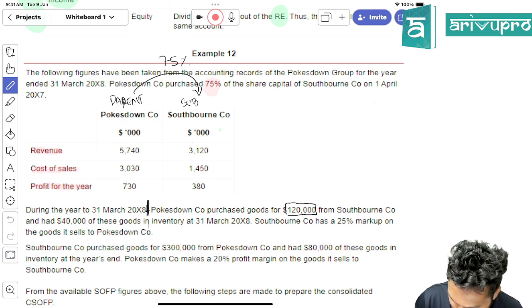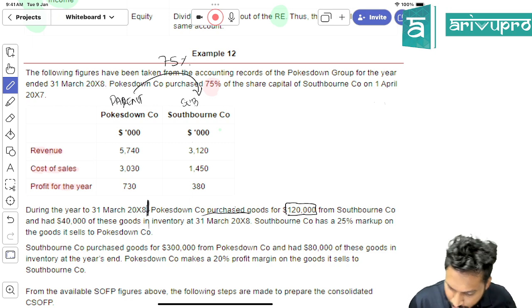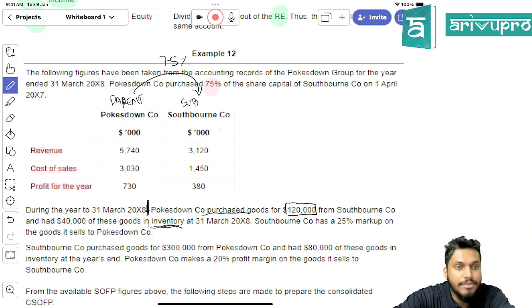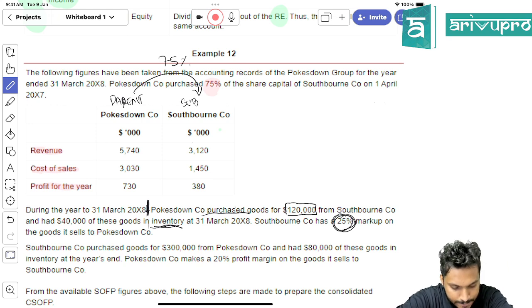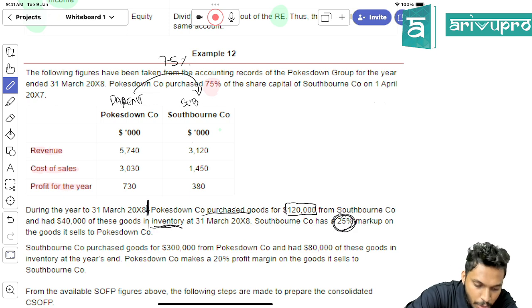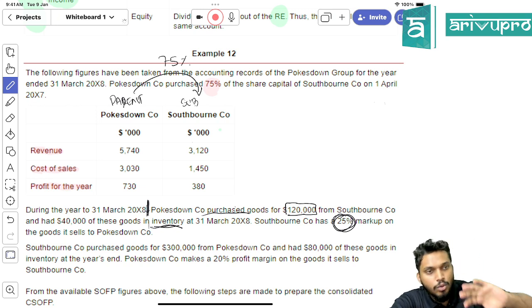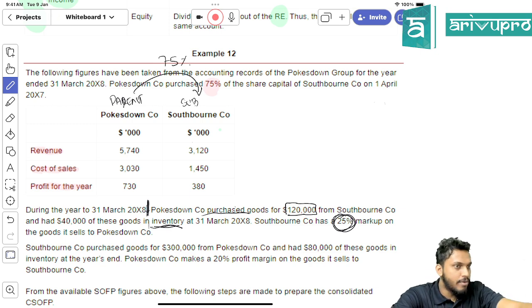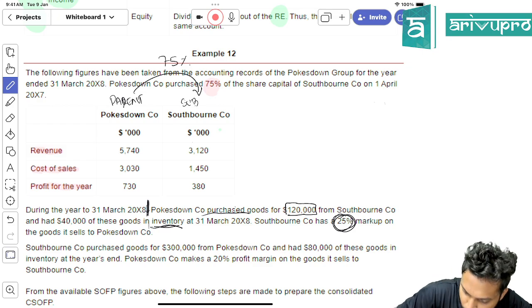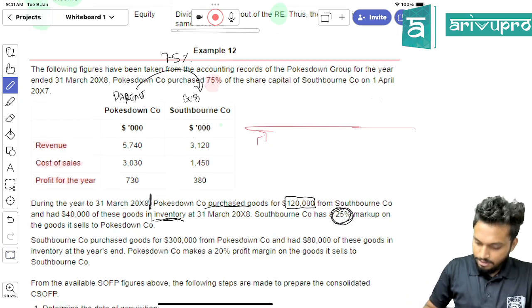So P company has purchased 120,000 worth of goods from S company, and 40,000 of these goods are remaining in the inventory as of 31st March. S company's profit is charged based on a markup of 25%. Okay. So now tell me, who has sold to whom? Has the parent sold to the subsidiary, or has the subsidiary sold to the parent? Everyone understood, sir? Awesome.